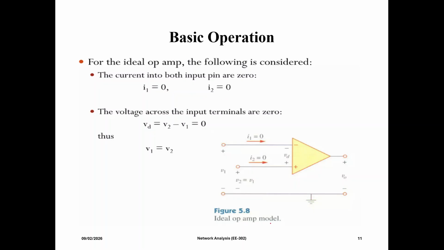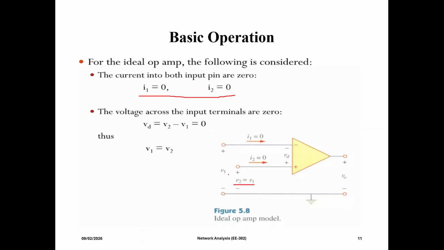This is the ideal operational amplifier model, where these assumptions lead to two rules: there is no input current, that is I1 equal to 0 and I2 equal to 0, and the inputs are at the same voltage, that's V2 equal to V1.